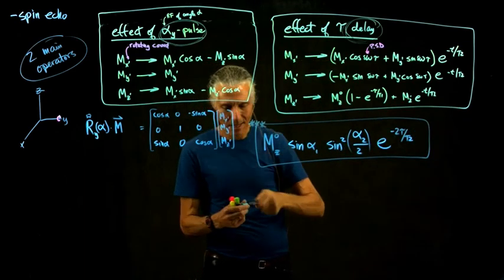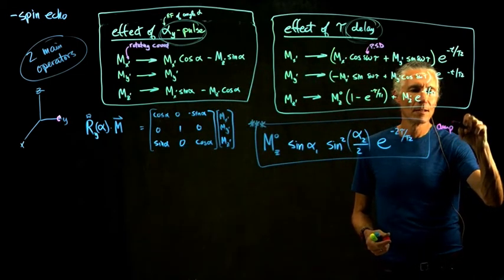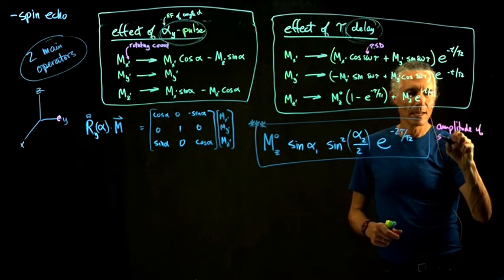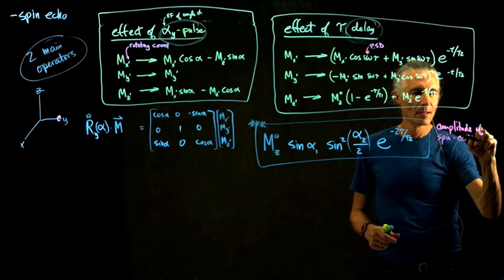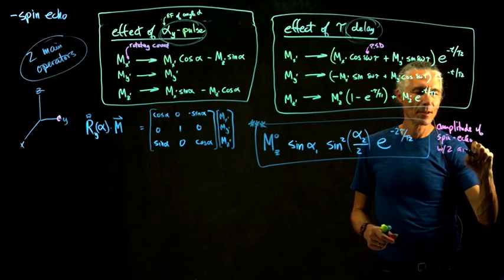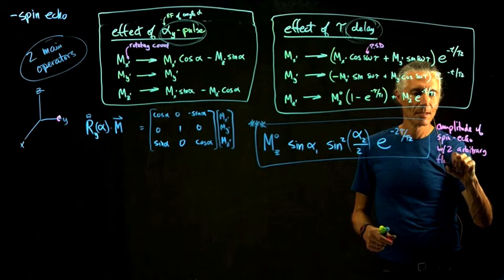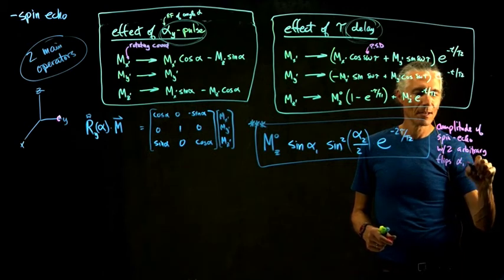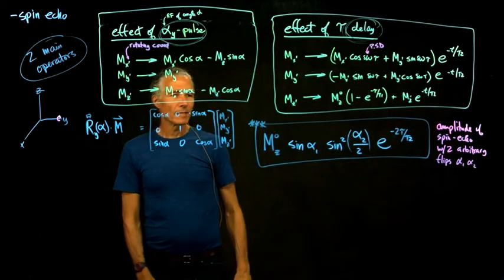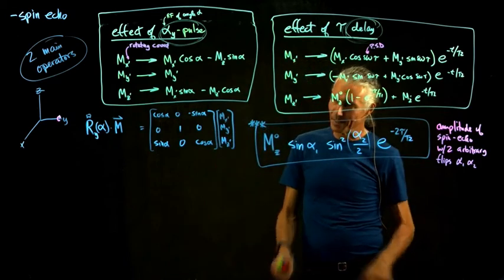This is the equation for the amplitude of a spin echo with 2 arbitrary flips, alpha 1 and alpha 2. Okay, so that's the most general one. So that doesn't look like e to the minus t over T2, because that's what I always write down.